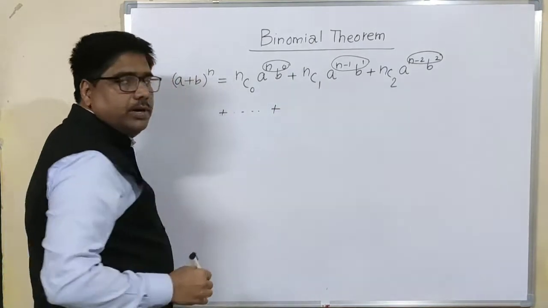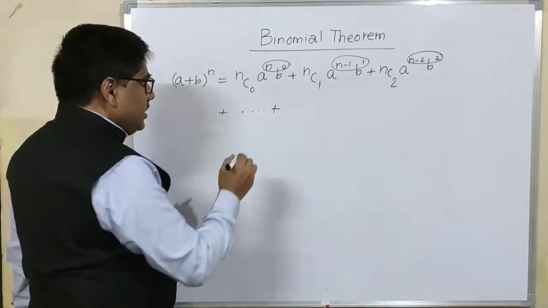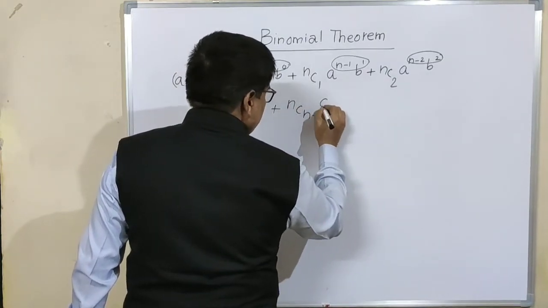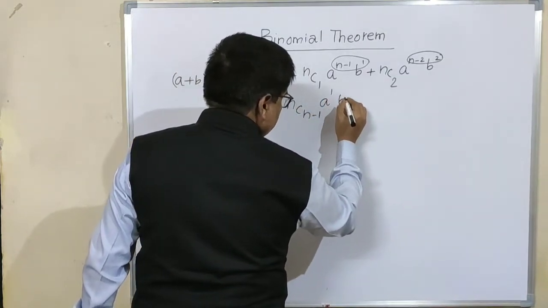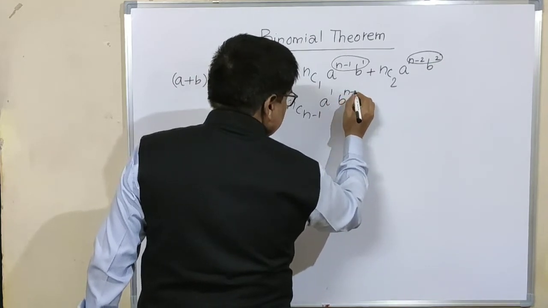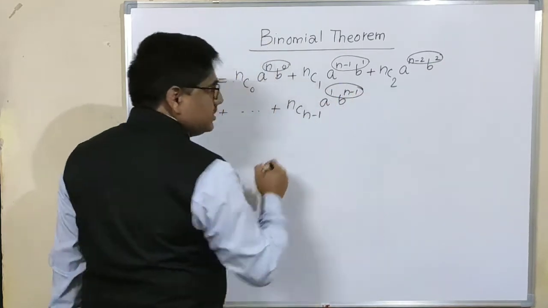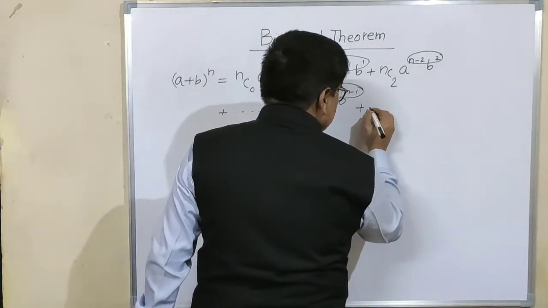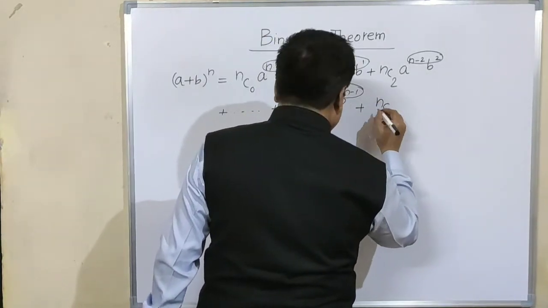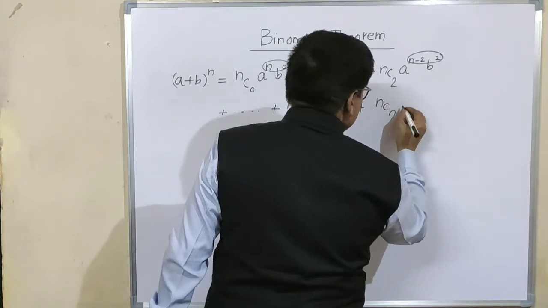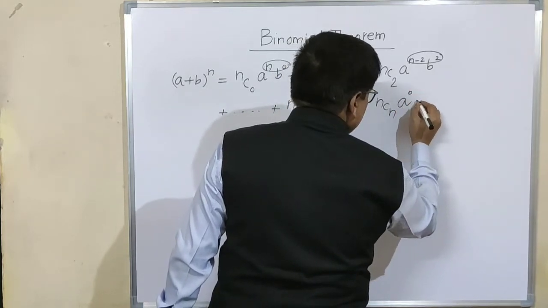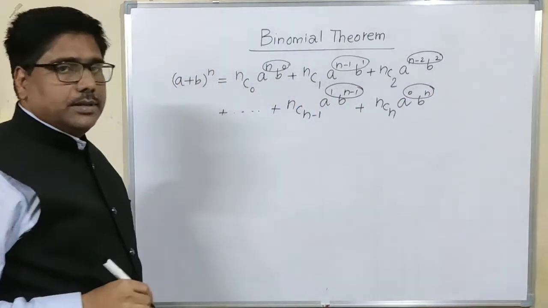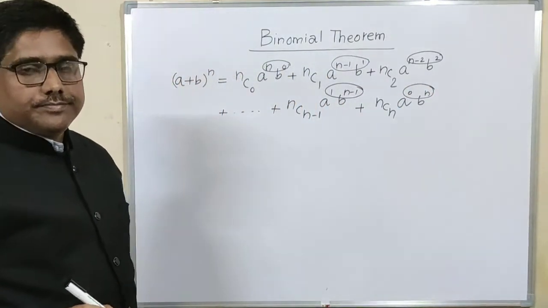The last but one term would be nC(n minus 1) a raised to 1 b raised to n minus 1, because the sum is again n. And the last term is nCn a raised to 0 b raised to n. Here the sum is again n. This is what the binomial theorem is.